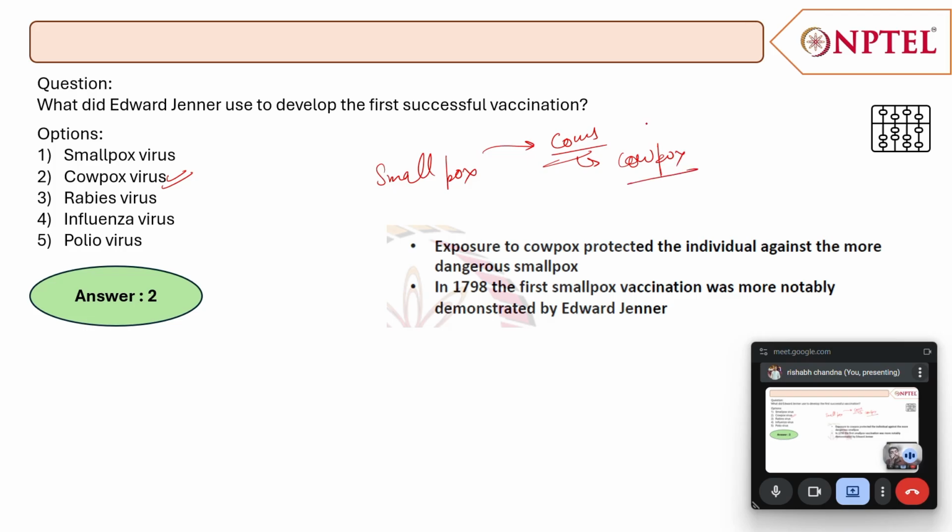So he took serum from the cows and injected it into the patients who were suffering from smallpox, and they recovered. So the exposure to cowpox protected the individual against the more dangerous smallpox, and this is how the first vaccination was demonstrated by Edward Jenner.